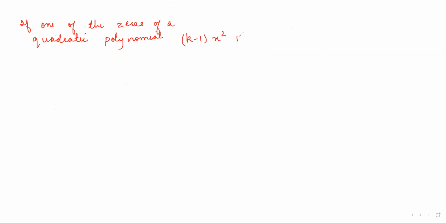Okay. Now write this. Again, if one of the zeros of a quadratic polynomial, this is the polynomial (k minus 1) into x square plus kx plus 1, is minus 3, then the value of k is, who will tell me now?